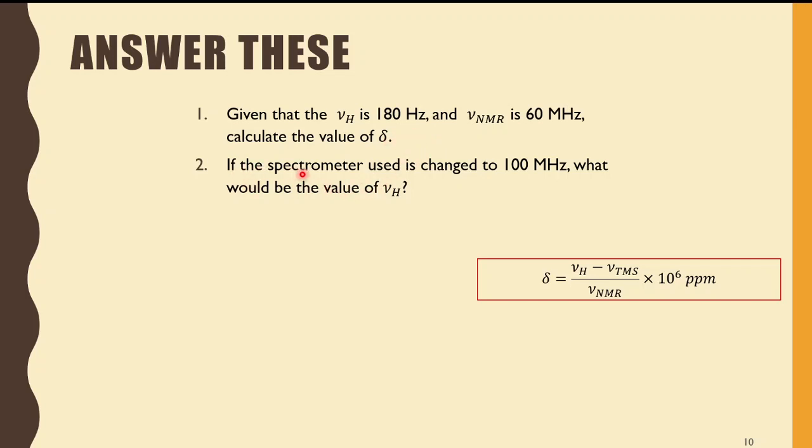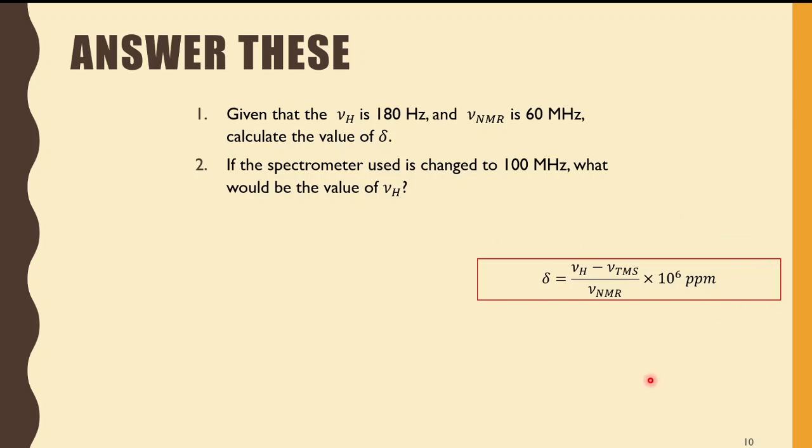And if the spectrometer used is changed to 100 megahertz, what will be the value of the frequency of this proton? Do that as an exercise to show that you understand. This is the equation, and this is the only equation that you have to play around with.